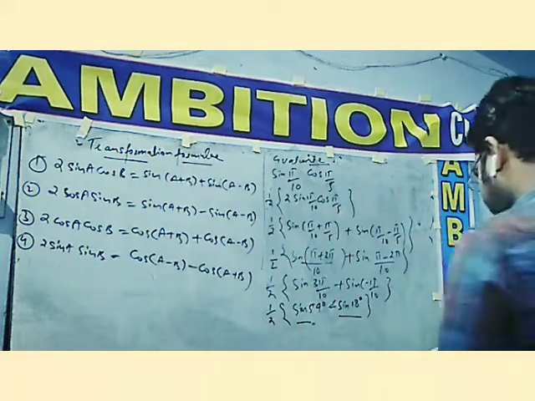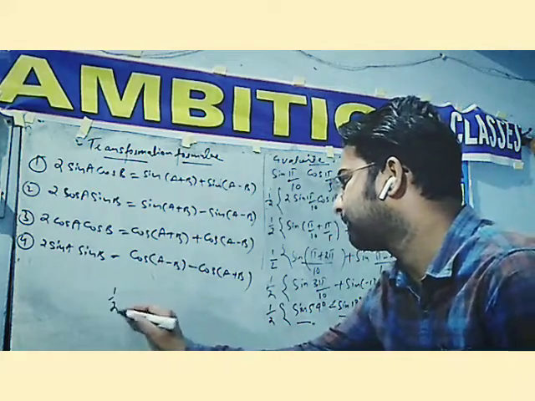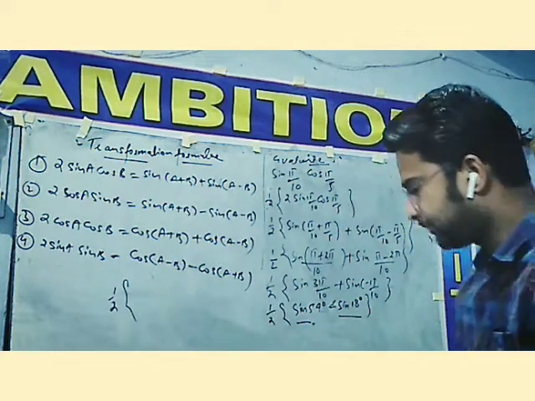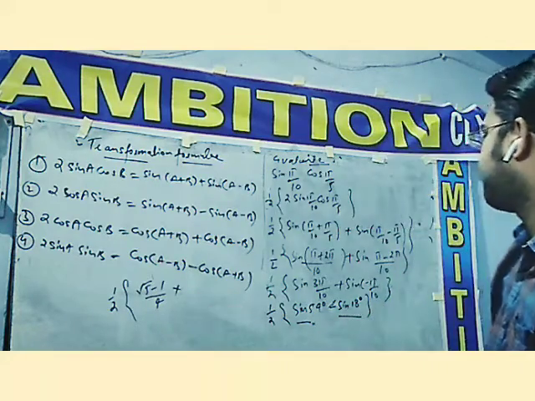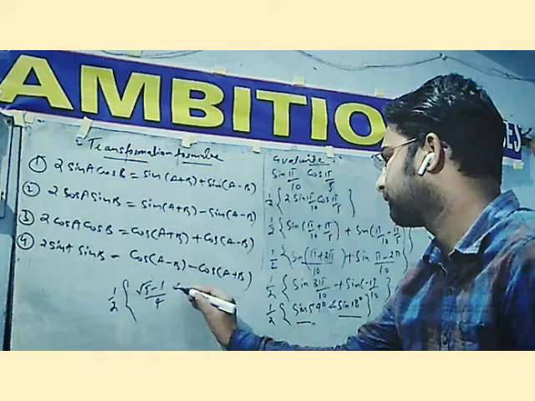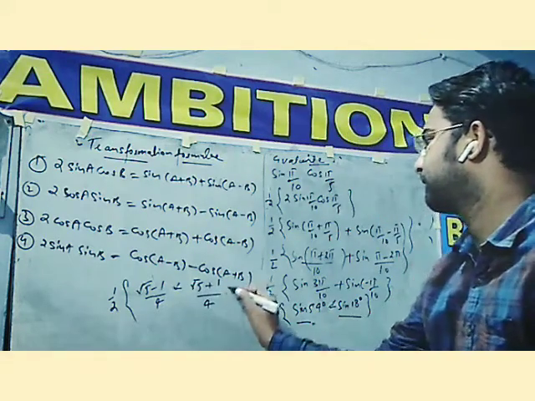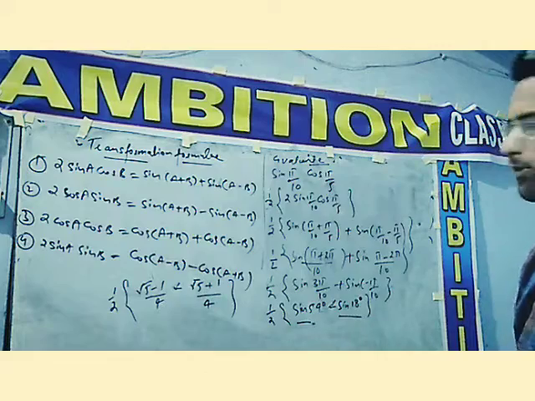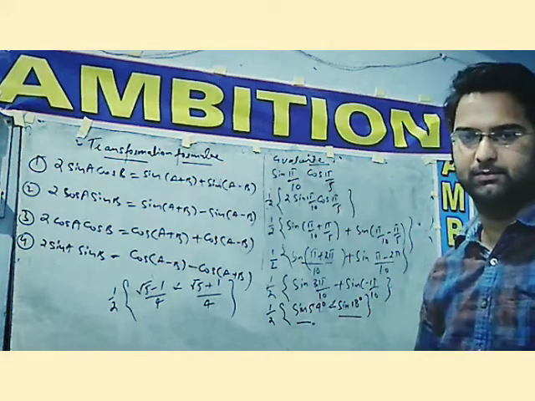We have to just substitute that value and solve. For the value of sine 54, we have to write root 5 plus 1 upon 4, and for 18, root 5 minus 1 upon 4. Just you can solve that question. Okay, students. So this is how we have to solve this type of question.